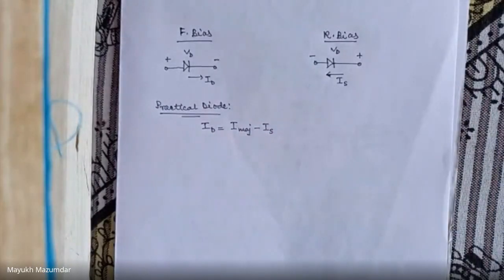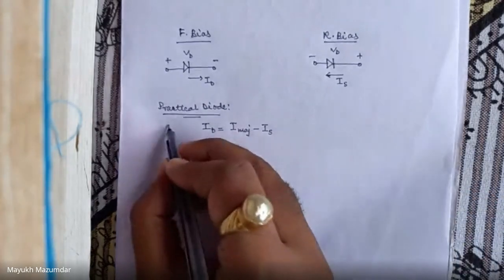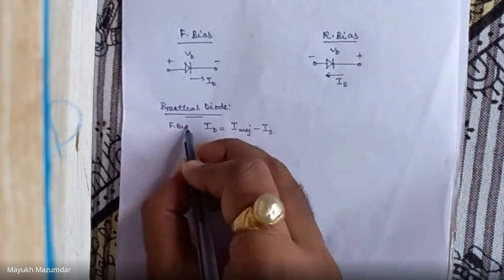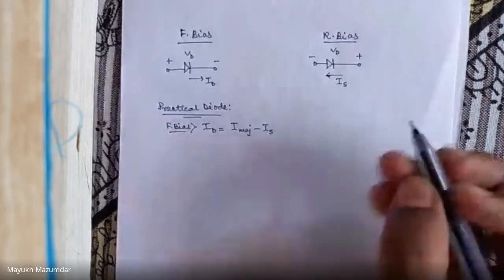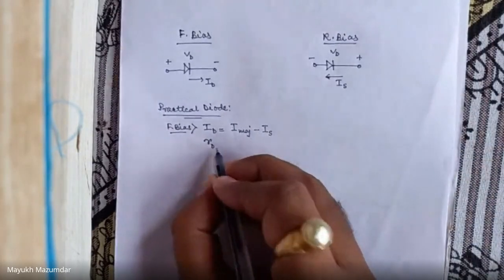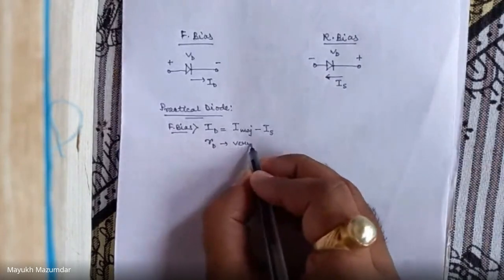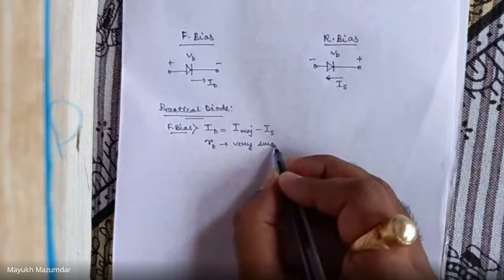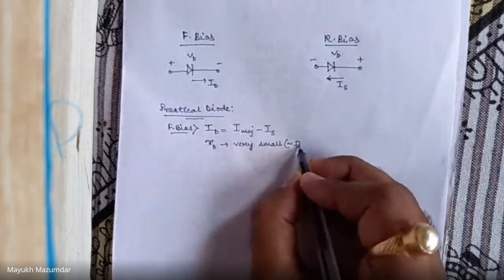I mean, we would be taking ID as equal to IS only, and this I'm talking about in the forward bias. The resistance offered by the diode in the forward bias case is very small, maybe of the order of ohms.